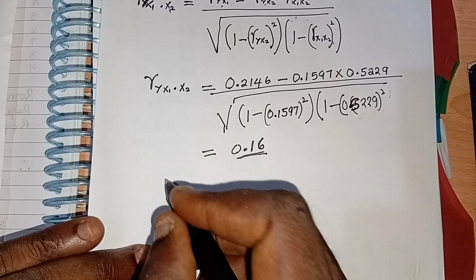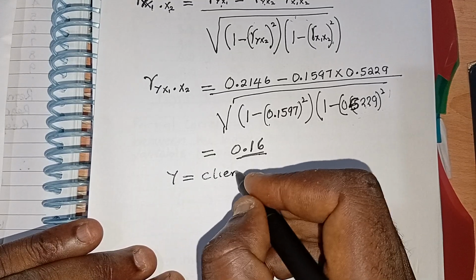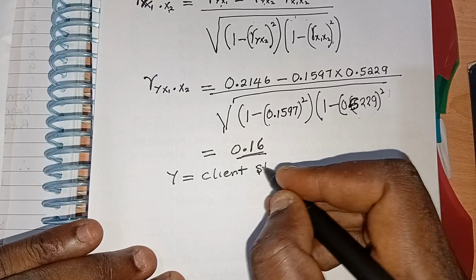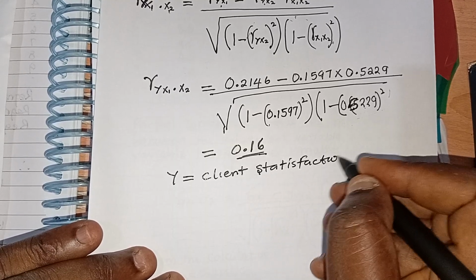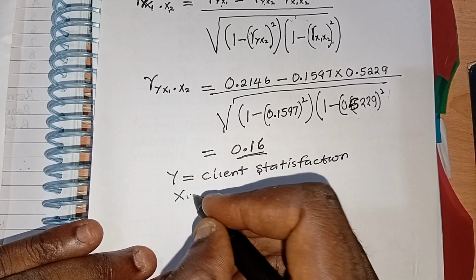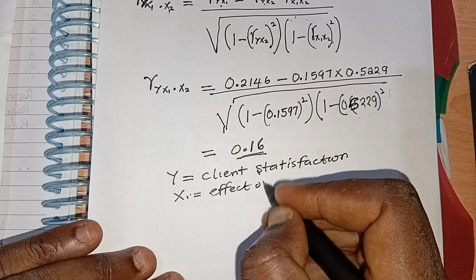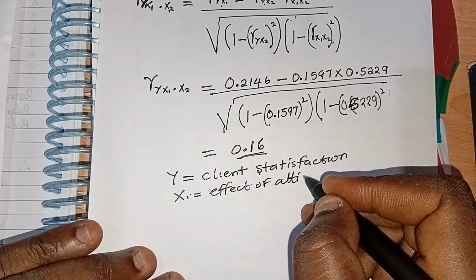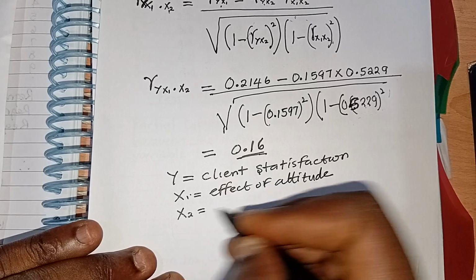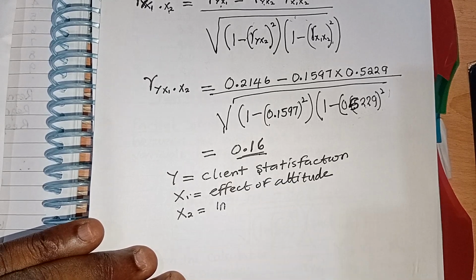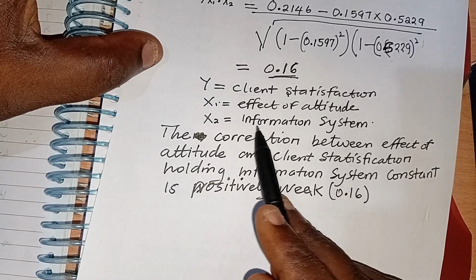Now, we know that our Y represents client satisfaction, our X1 represents effects of attitude, then our x2 represents information system.